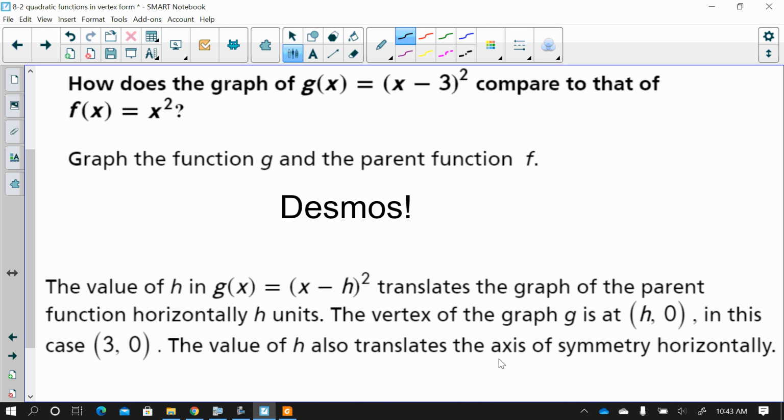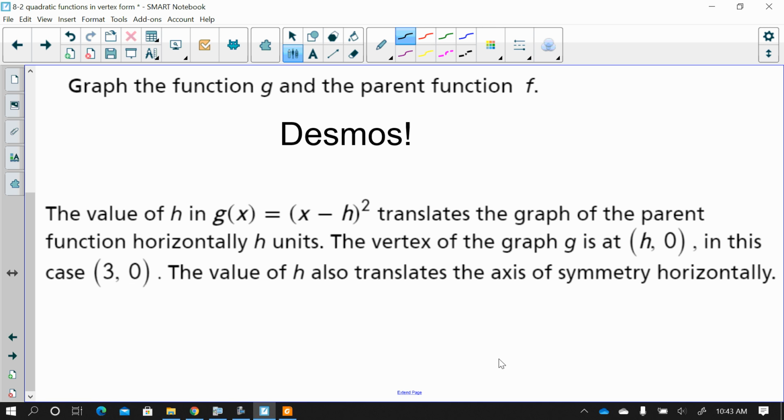So not only does h move our vertex, it also moves the axis of symmetry. Big thing to remember with h, it's always the opposite of what you see. If it's x minus something, it's going to move to the right. If it's x plus a number, it's going to move to the left. And this also moves our axis of symmetry.